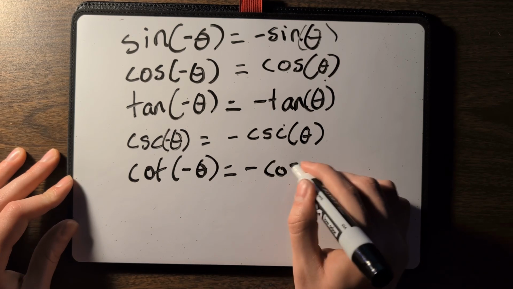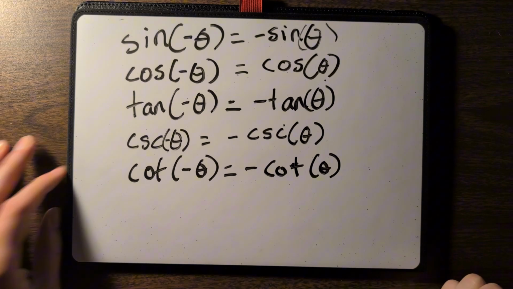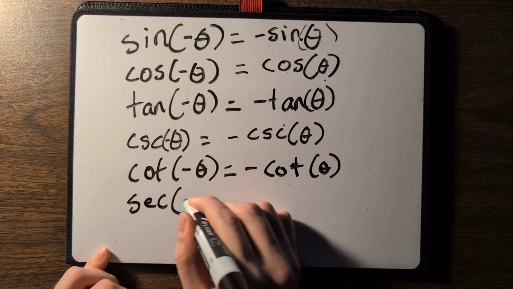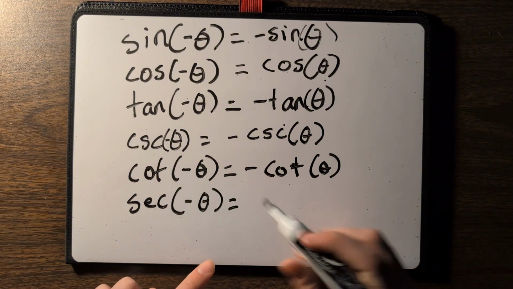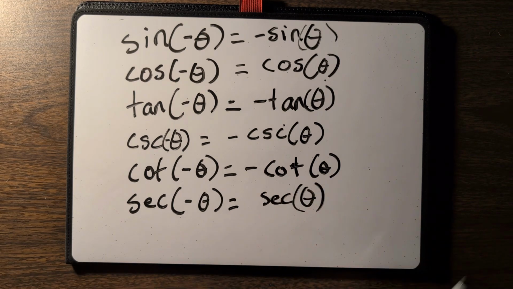This is also going to be negative cotangent of regular theta. And since secant is related to cosine, it too shares the same quality as cosine and just becomes positive. Okay? Now there's a whole another theory about positive and negative angles for, or rather, even and odd functions in calculus. There's a whole topic on that stuff.